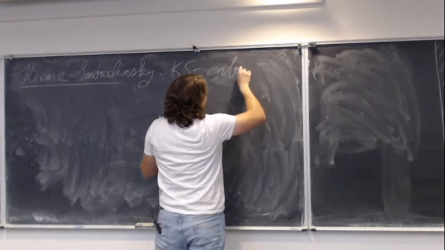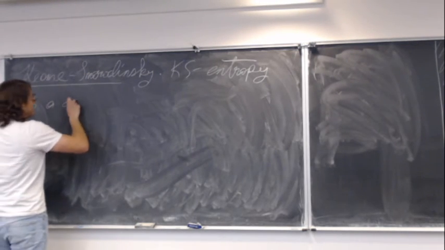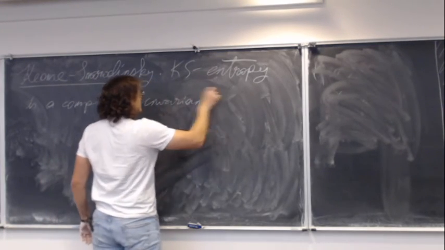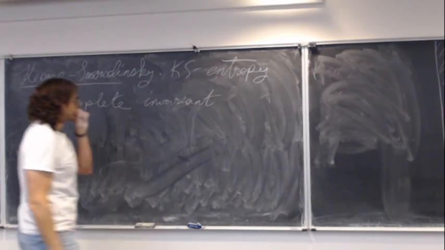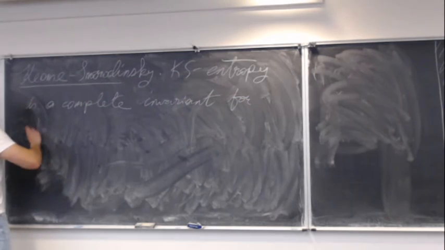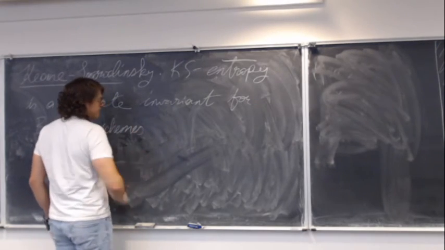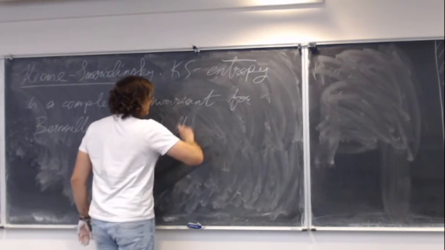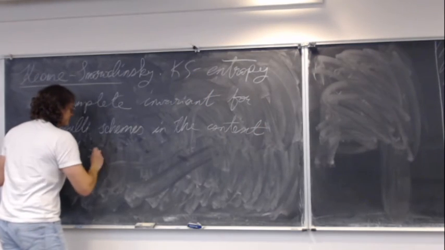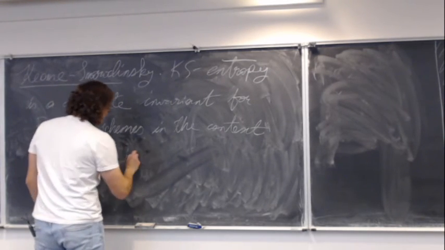Theorem: Kolmogorov-Sinai entropy is a complete invariant for Bernoulli schemes in the context of Ash topological isomorphism.